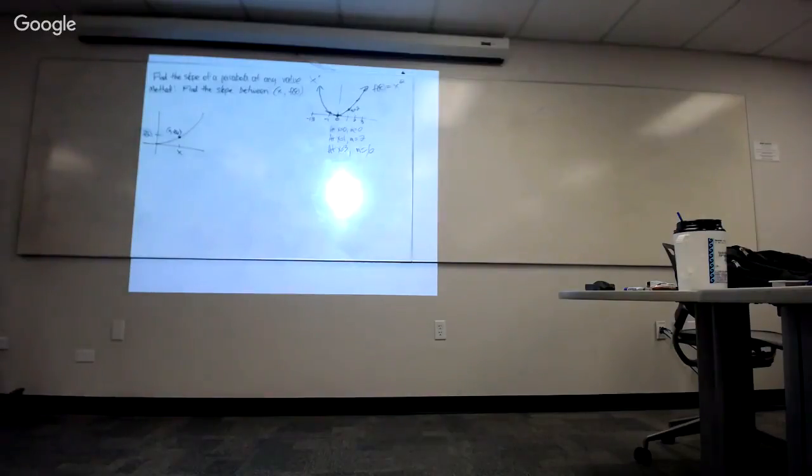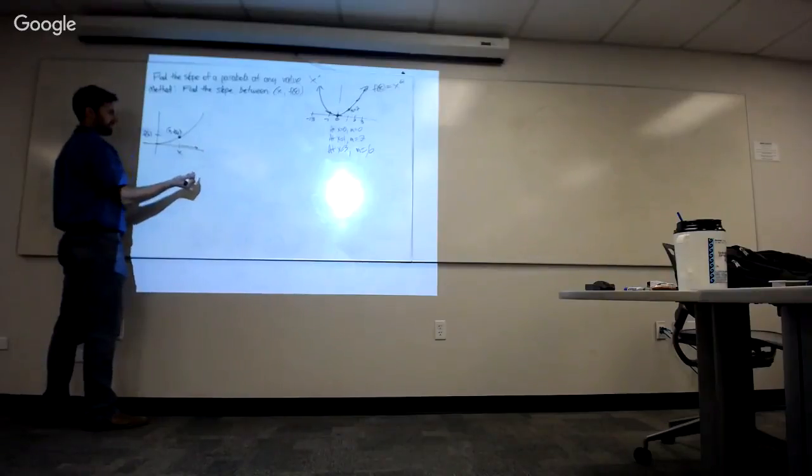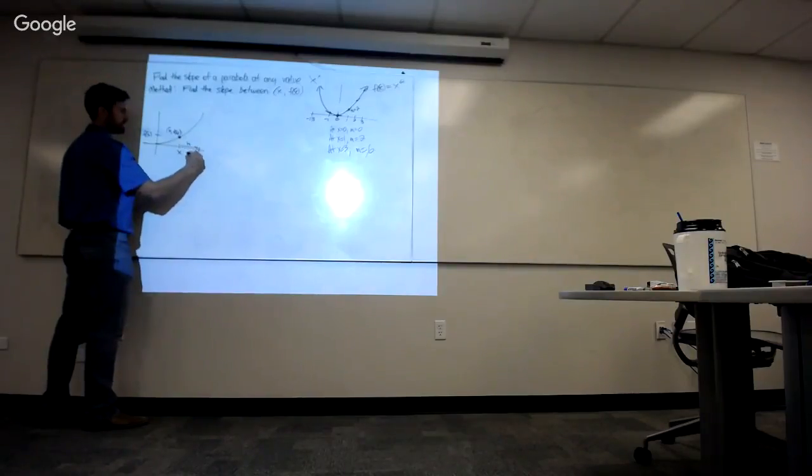So I'm going to find the slope between it and what? Where should I choose my other coordinate? A little bit to the right. How far to the right? H units. So now I'm going to have my coordinate x plus h. Go up there.